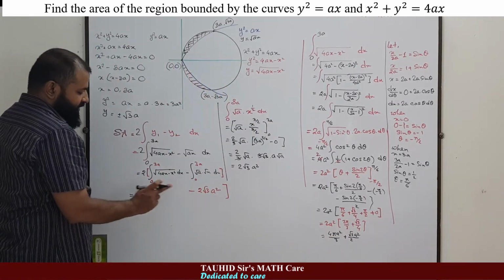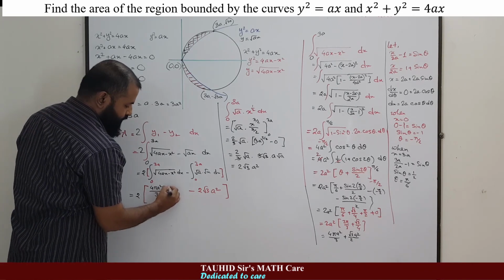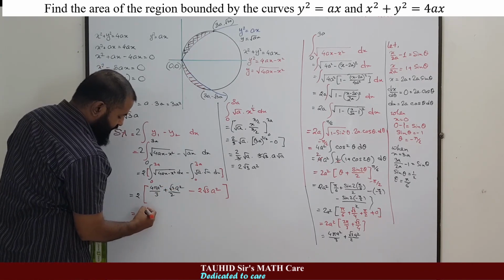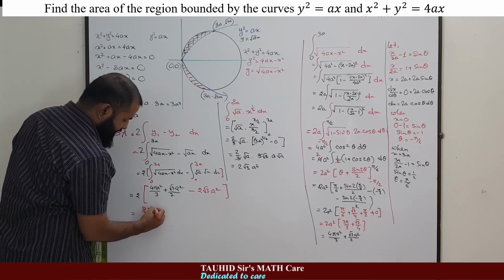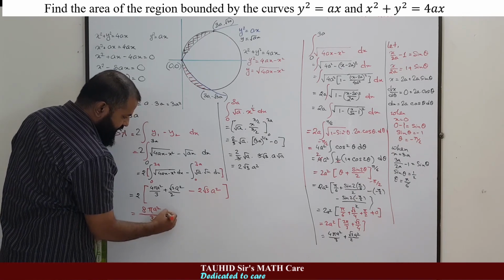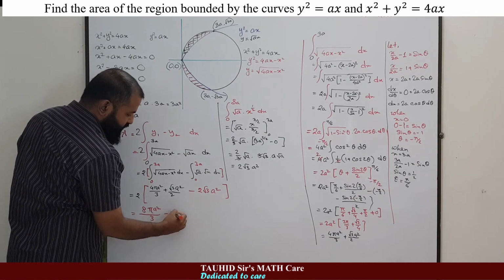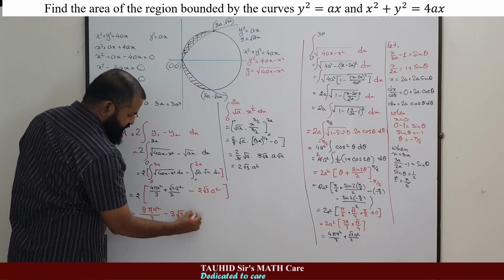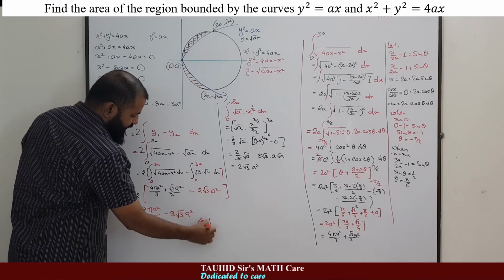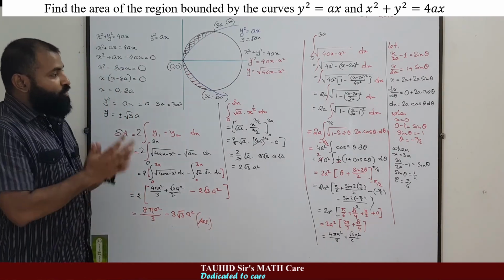Now we will put this value here. So finally the value becomes 8 pi a square divided by 3 minus 3 root 3 a square. This is our answer.